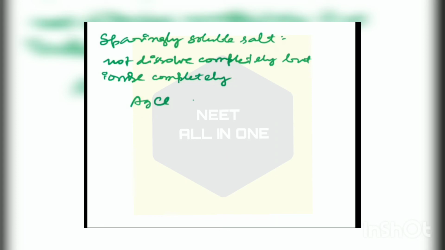Okay, so let us see an example of this sparingly soluble salt, that is AgCl. Now if you add this AgCl into H2O, it gives Ag plus and Cl minus. If we write its equilibrium equation, it comes like this.